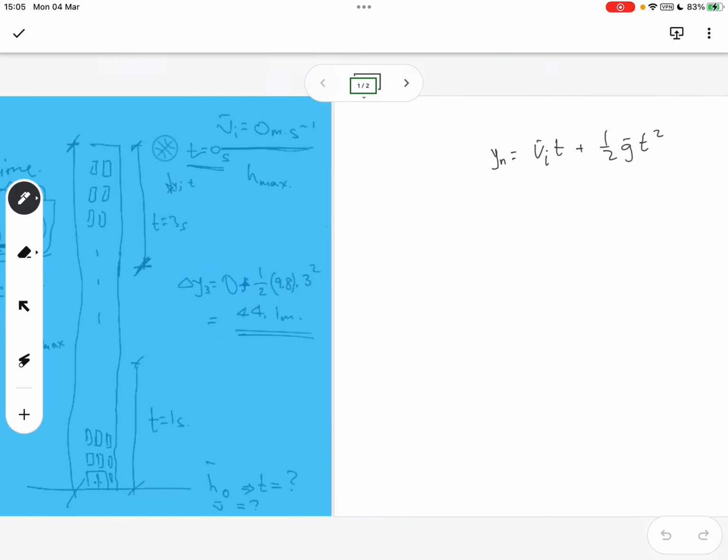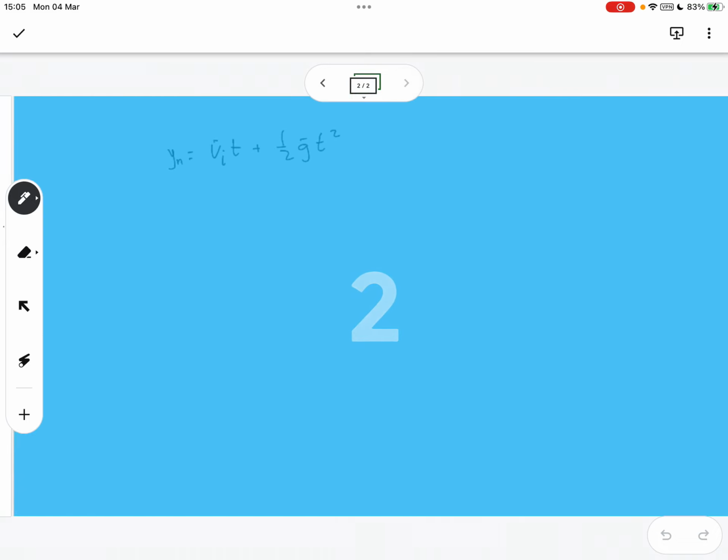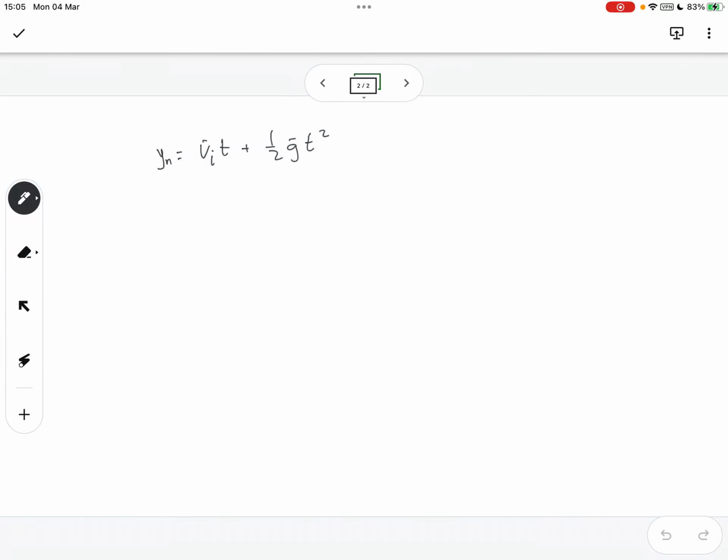Ball covers the height of yn in the nth second. So what I was thinking was that we find a plus the difference, then we equate them, and then we try to find the common difference, maybe. So let's say we start here.